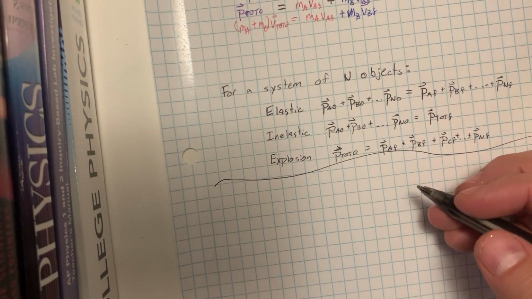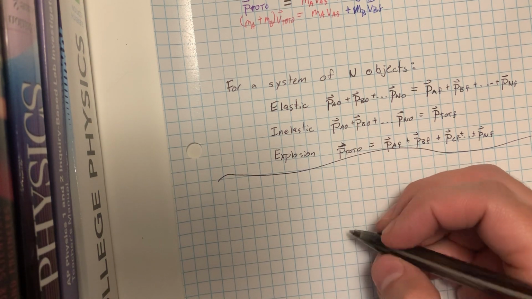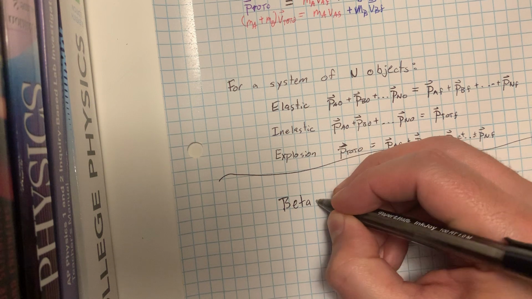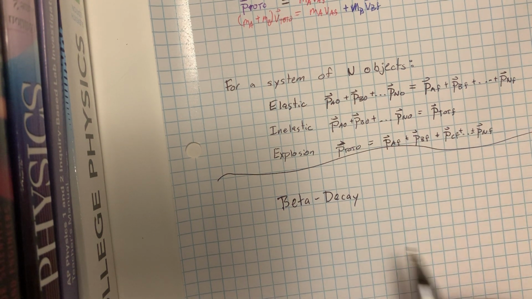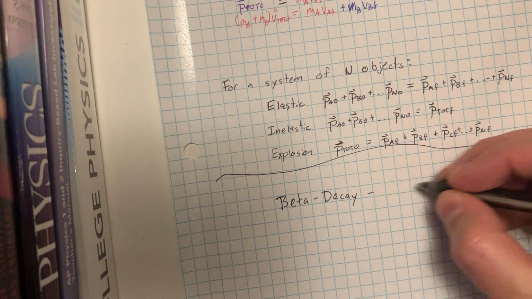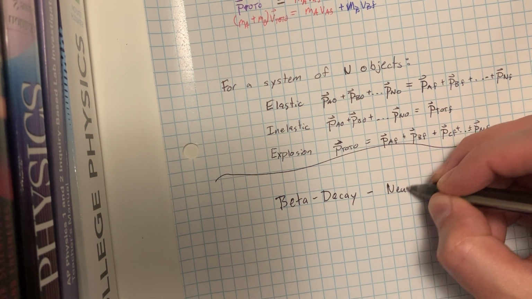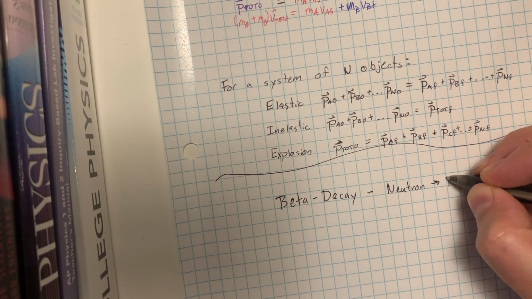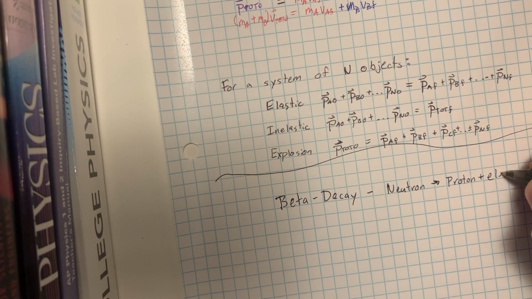Back in the 1920s, 1930s, people were studying nuclear decays. Beta decay is when a neutron in the nucleus converts into a proton plus an electron.